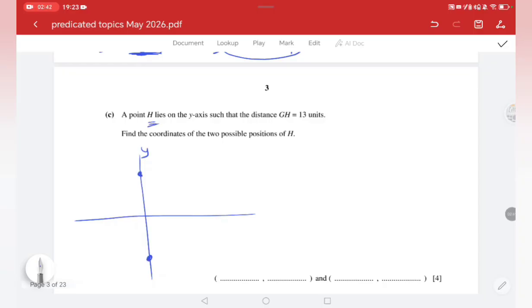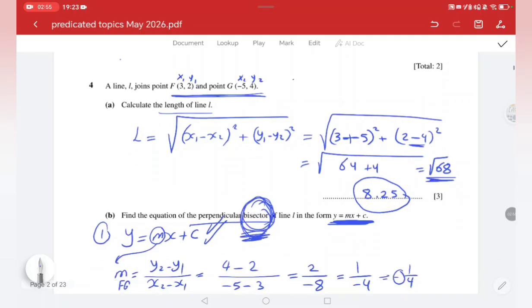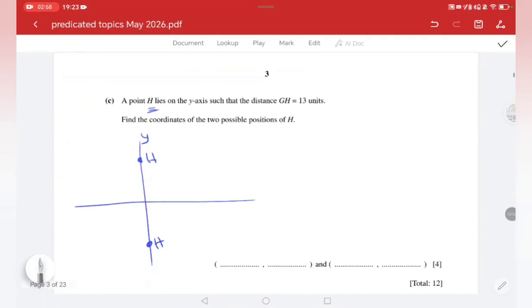We don't know if it's positive or negative or both, but we know that it's on the y-axis. They said the distance from this H to G. Let's see where G was. G is negative 5, 4. Maybe it's something like here.